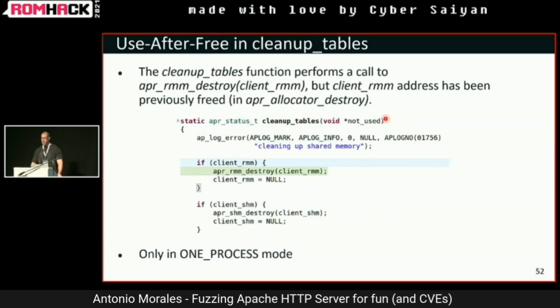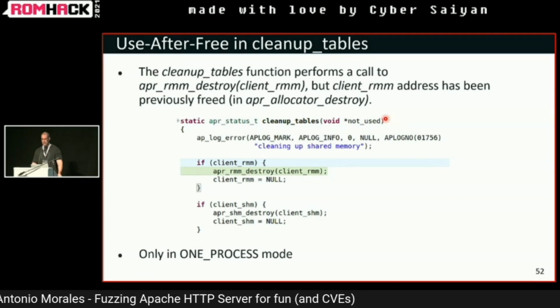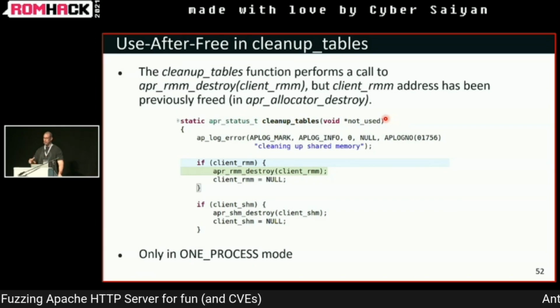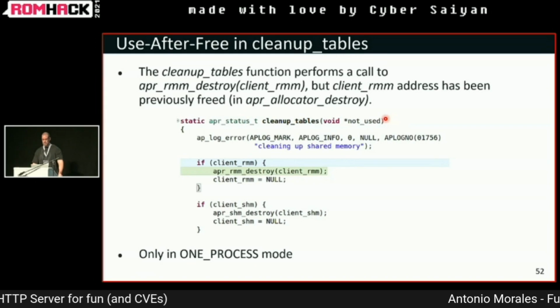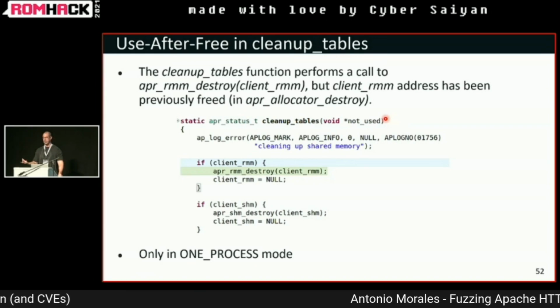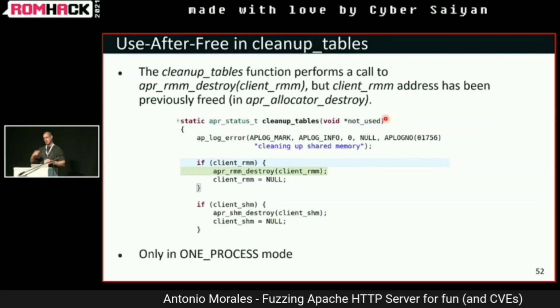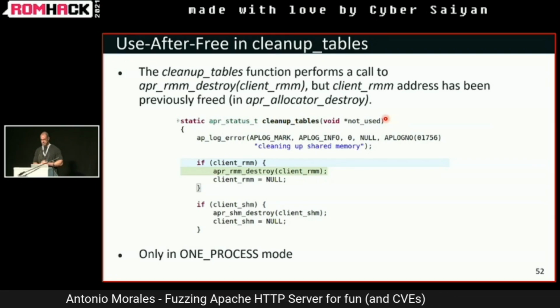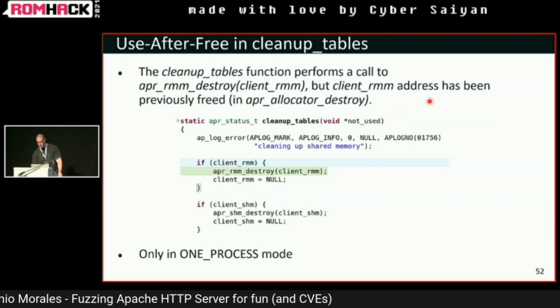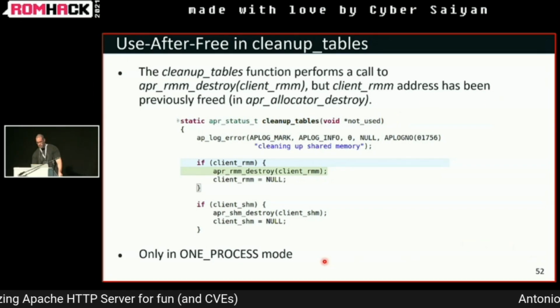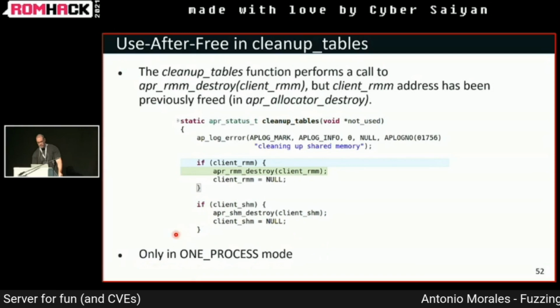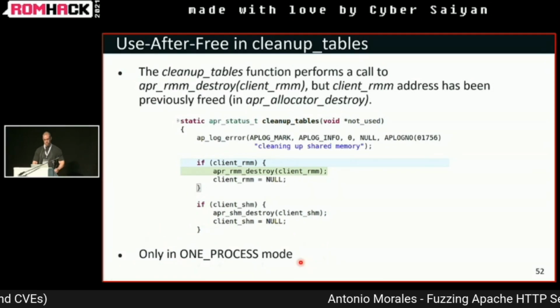So when we are trying to access an address that is no longer valid, it will lead to a use after free, or in this case, sometimes a use after free and some other times a double free. It's important to mention that this vulnerability can only be triggered in the one process mode.